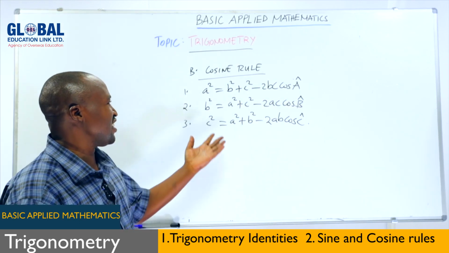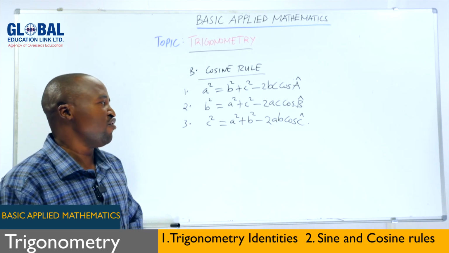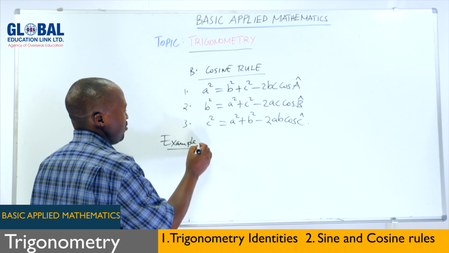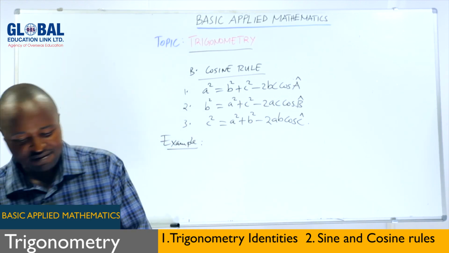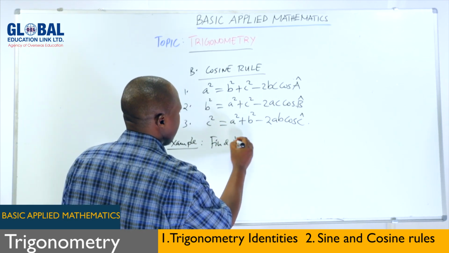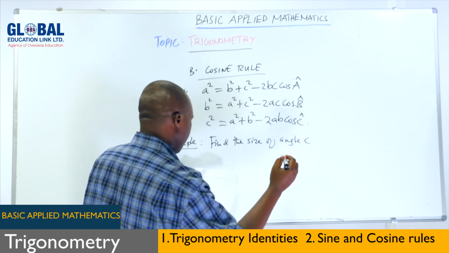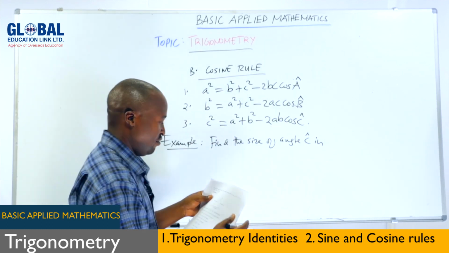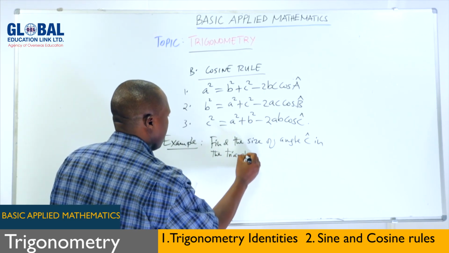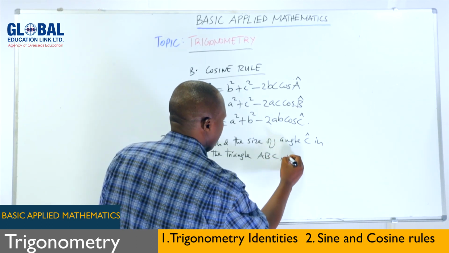Now, my dear student, let us see a question that is going to apply one of the formulas. Here we have an example, and the example says: find the size of angle C in the triangle ABC below.